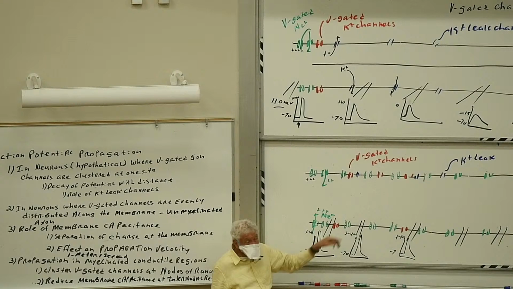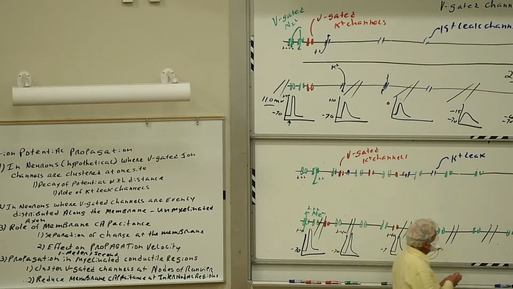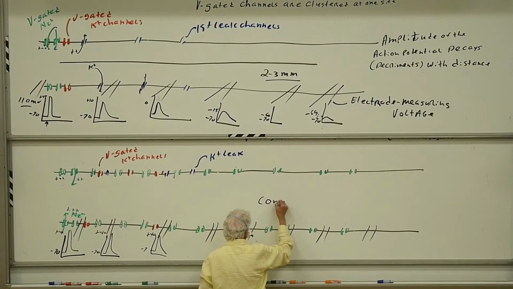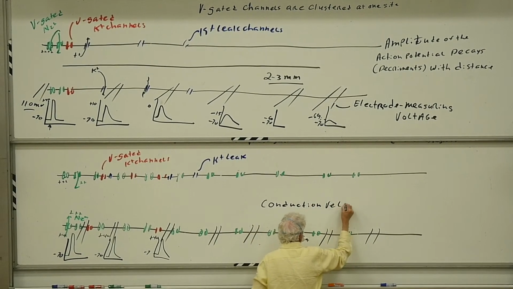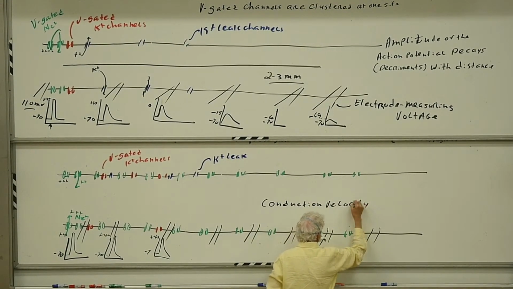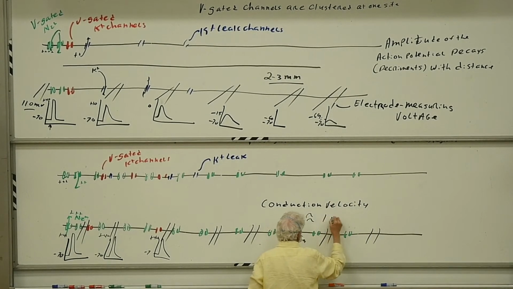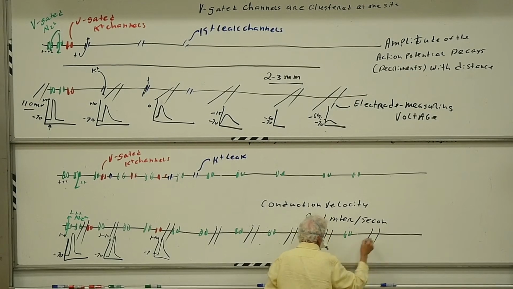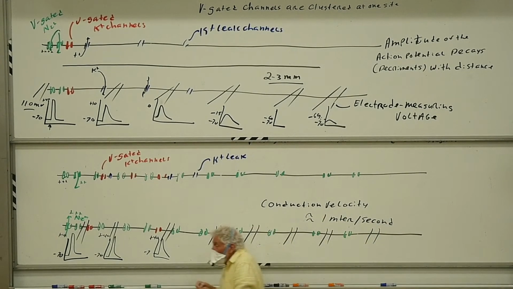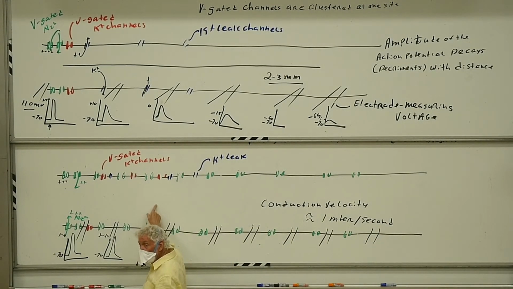The problem with this one is we're stuck with a conduction velocity in the neighborhood of about 1 meter per second. That's about as fast as we can make these action potentials propagate. And there are a couple of reasons for that.